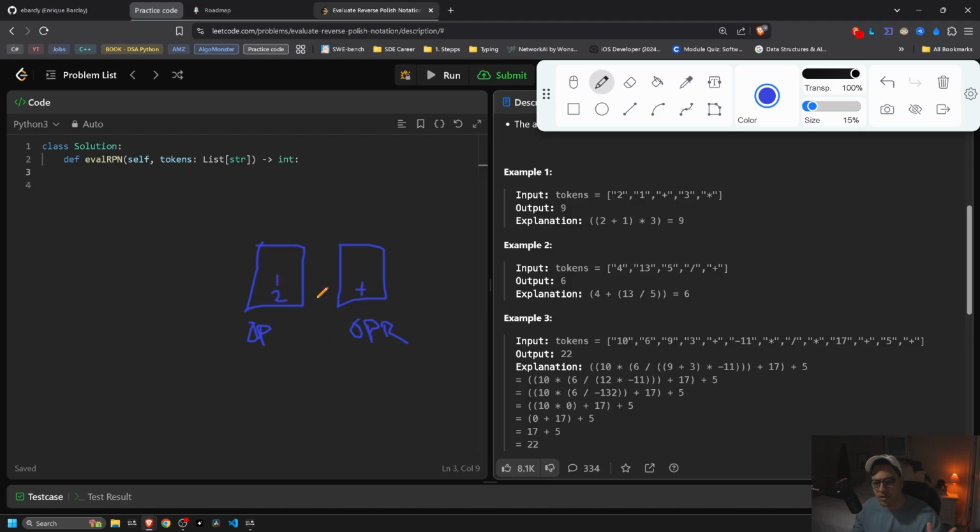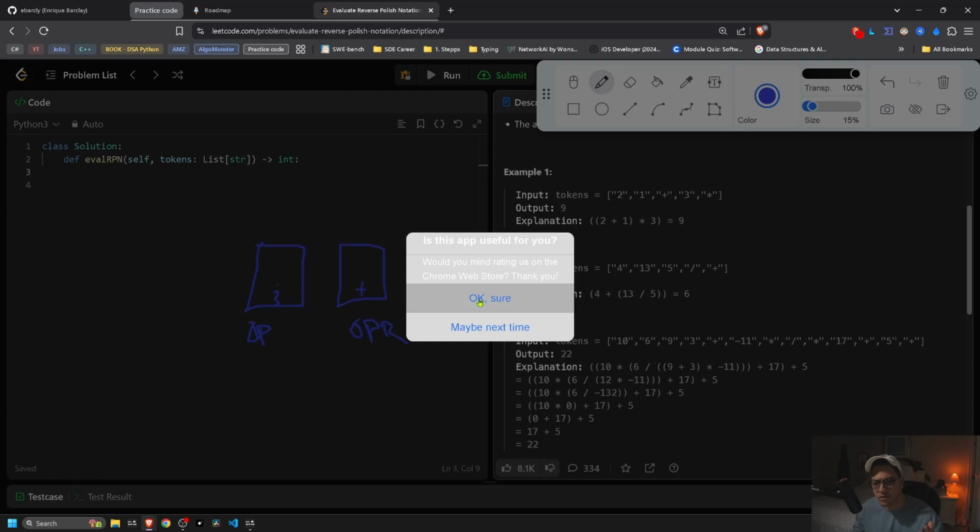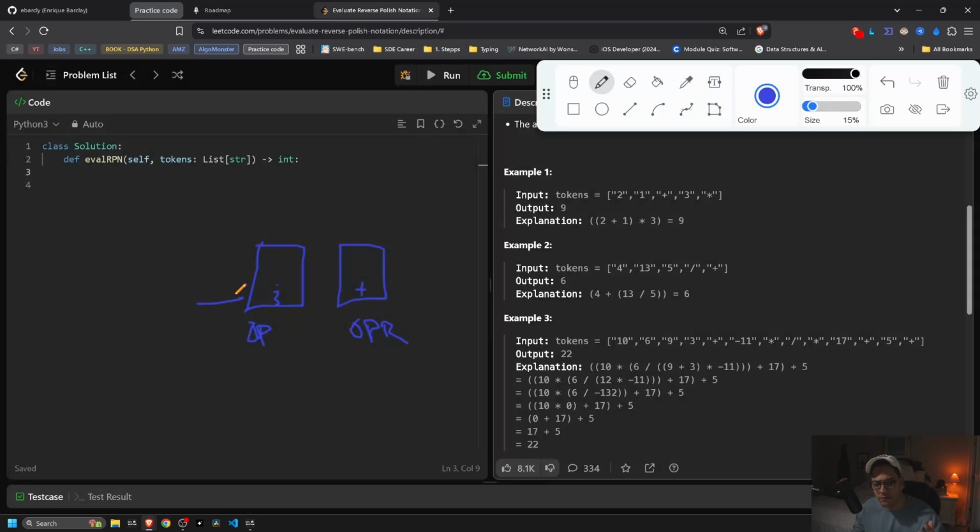And these are our numbers. Let's say this is our case, we have 3. We're going to substitute, or say that this result is 3, and we can pop that element from the top, and this is going to be our result, okay? Right here. And that's how we're going to solve that problem.